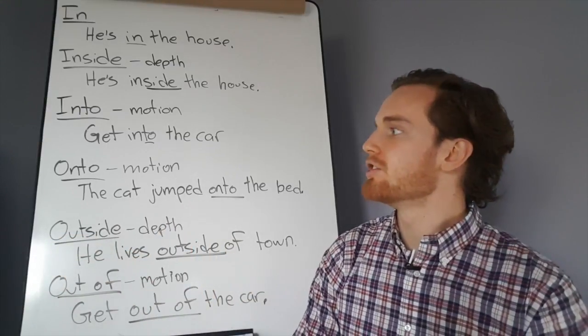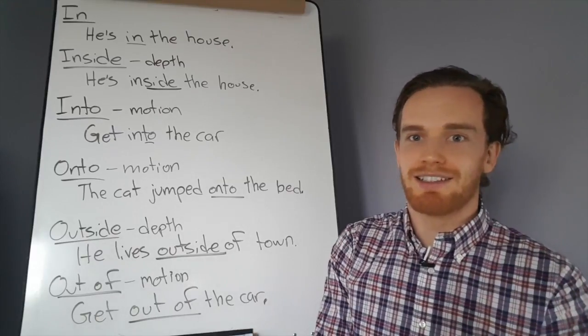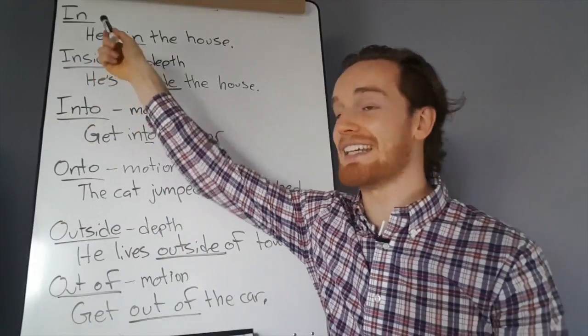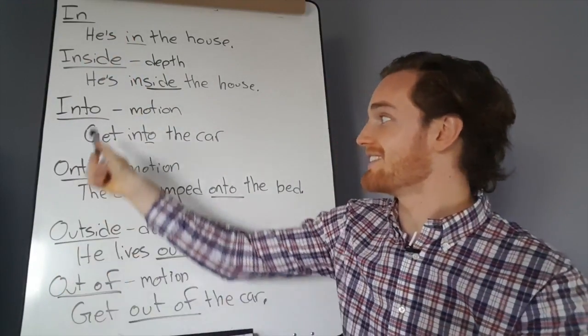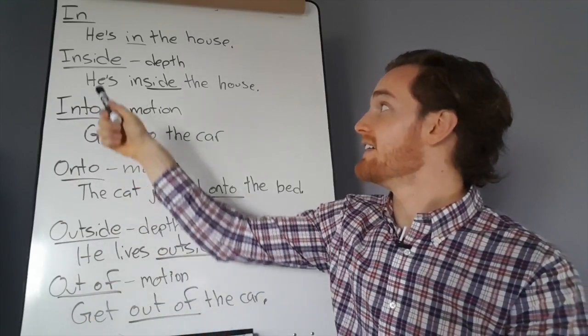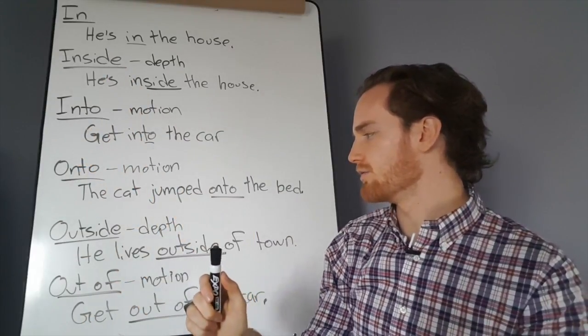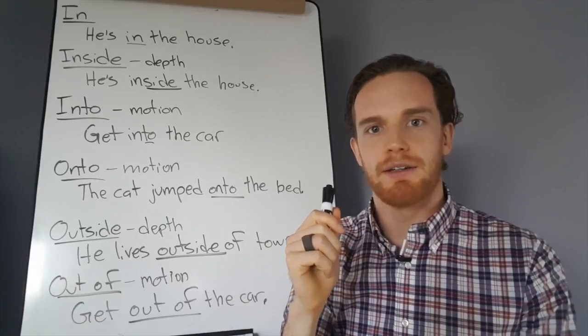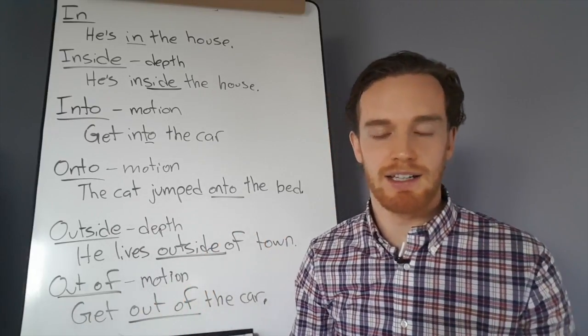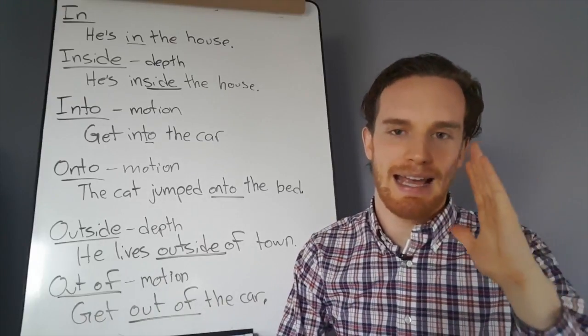Así. Entonces, de verdad, las dos preposiciones más importantes son out y in. Con esos dos, ustedes pueden decir todas estas preposiciones aquí. Inside, into, onto, outside. ¿Por qué? Porque la mayoría del tiempo los gringos tenemos la flojera y no queremos decir sílabas extras.